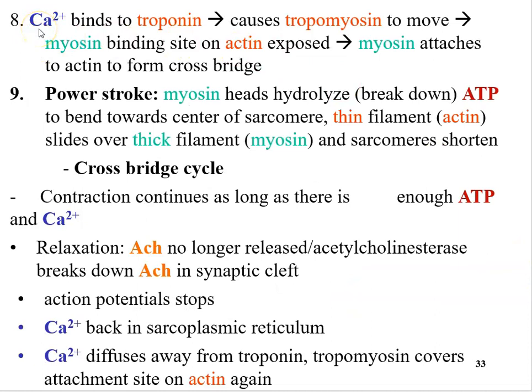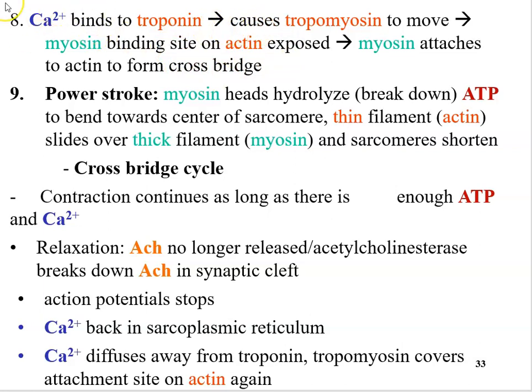Now the calcium is freely floating along. It's going to bind to the troponin of the thin filament, which then causes tropomyosin to move as it changes shape. Remember, these were our co-parents that were really overprotective of their daughter actin.